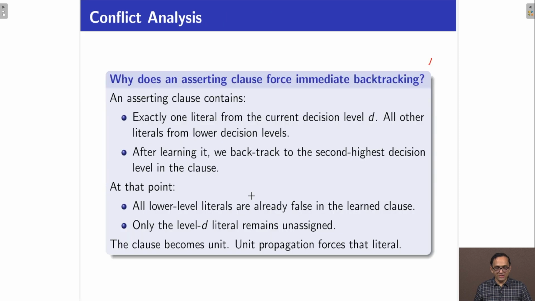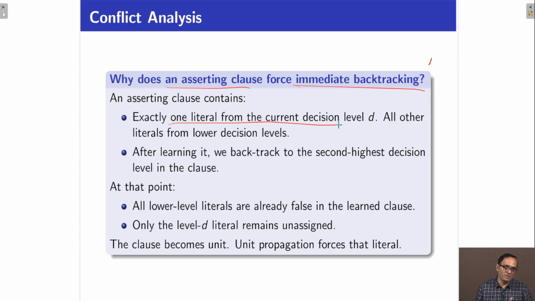Now, the question is why is this so, right? Why does the asserting clause ensure an immediate BCP? Okay. So, this we should understand. Now, this comes from the definition of the asserting clause. What I told you, the asserting clause contains only one literal from the current decision level, right. So, if the current decision level is D, I keep only one of the literals from that, right.